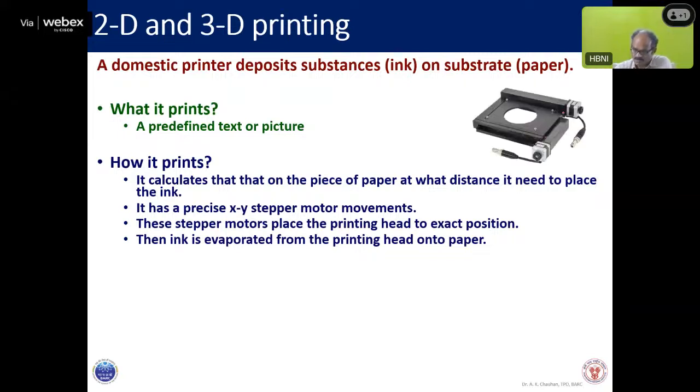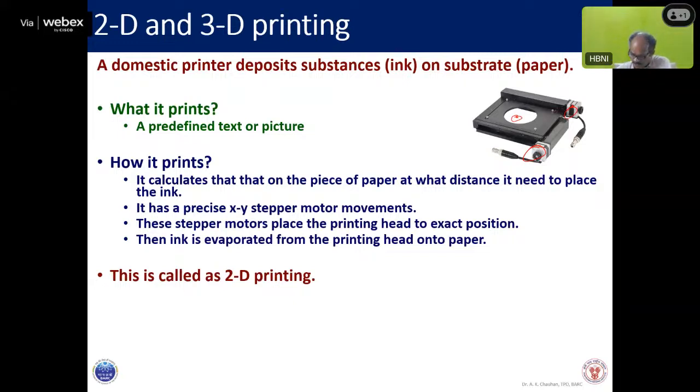Suppose you have this kind of scanner. You have two stepper motors, one here, another here, and you move the head using both of them. Suppose you want to print at this particular point, then by using these two stepper motors you bring the head here, and then evaporate the ink at this particular point.